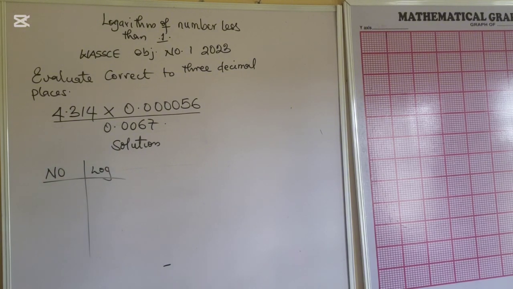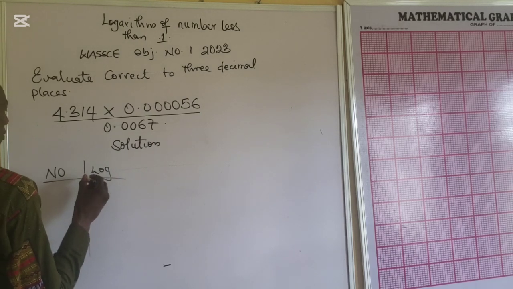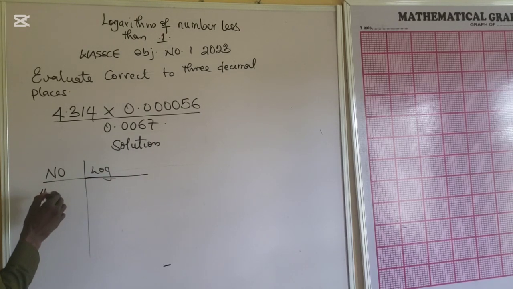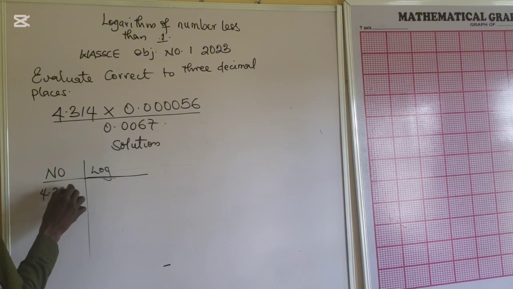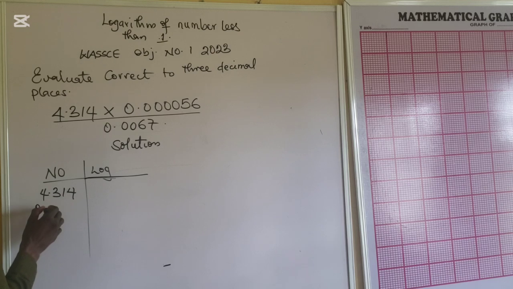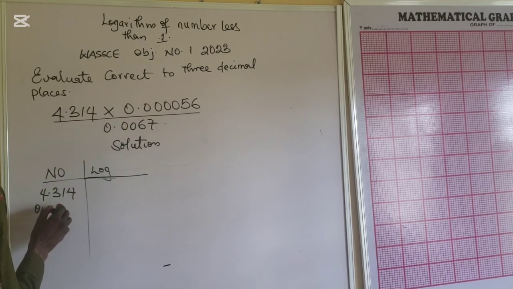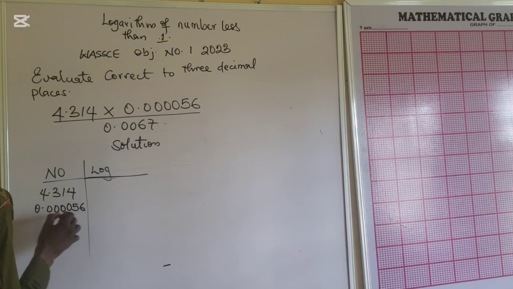So when I write number and log, I'll write this number here: 4.314. The other one is 0.000056, that is 1, 2, 3, 4, 5, 6.